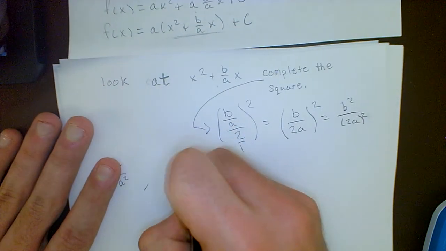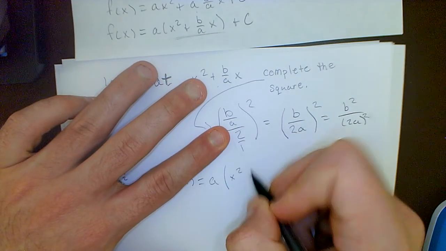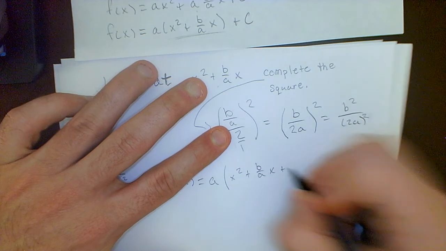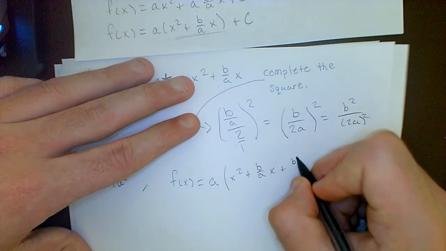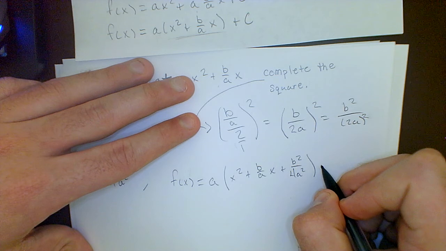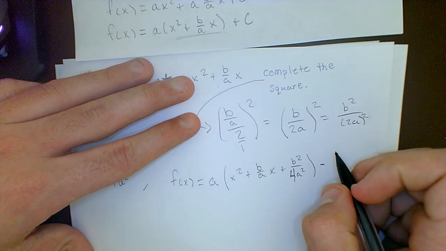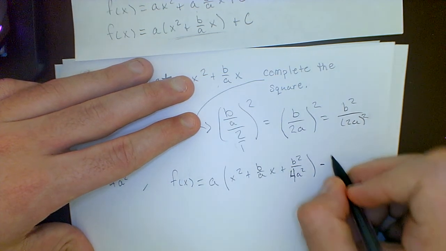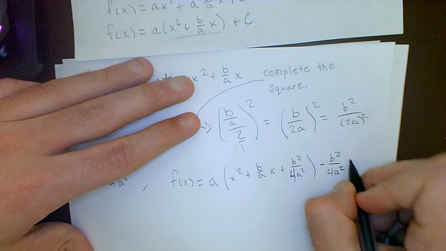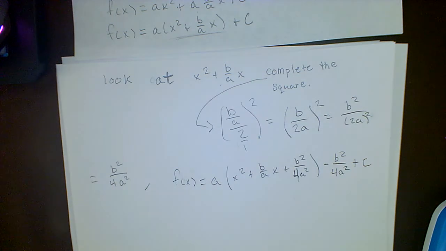So it's f of x equals a times x squared plus b divided by a x plus b squared over 4a squared. If I add it, I have to subtract it, because you can only add 0 and not change the function. Minus b squared over 4a squared, and then I'm still left over with that plus c.